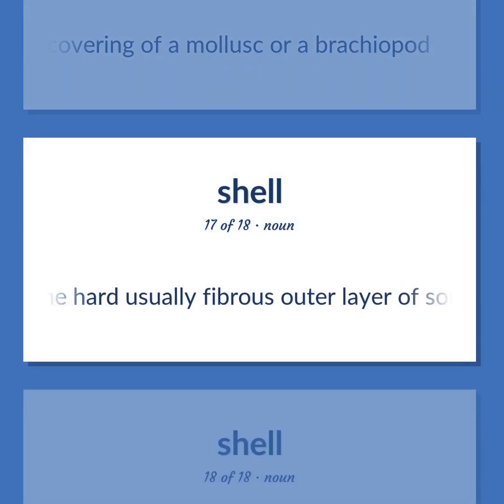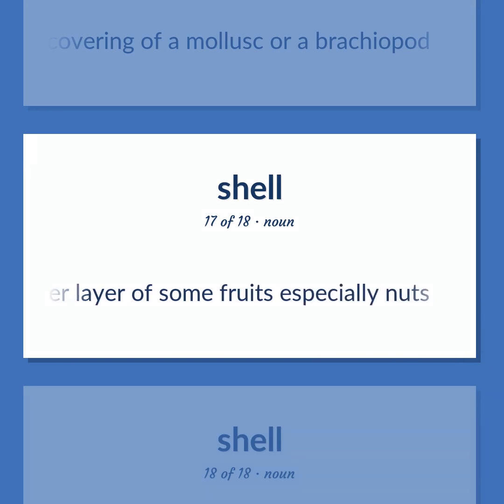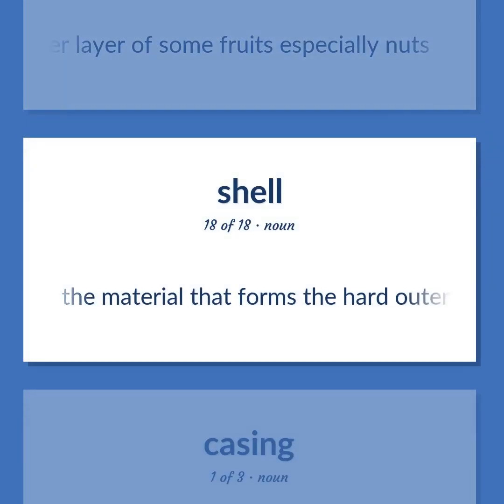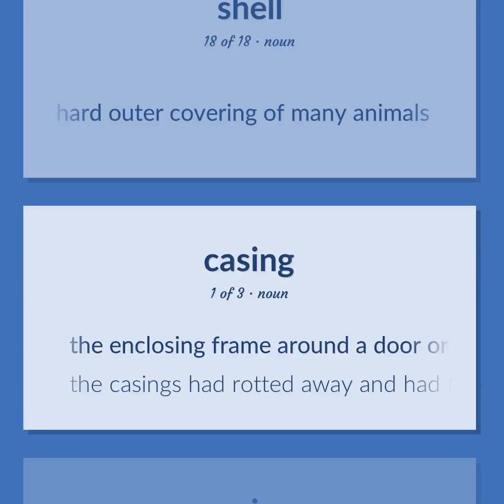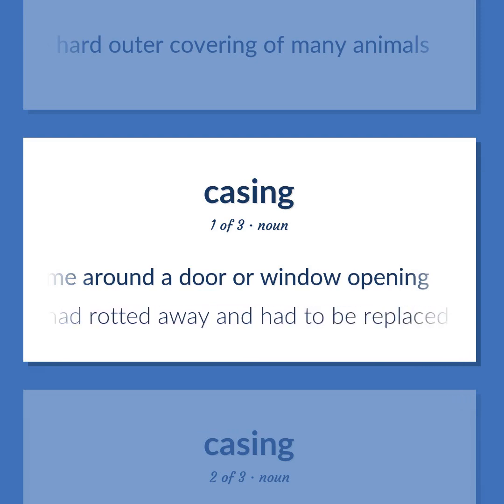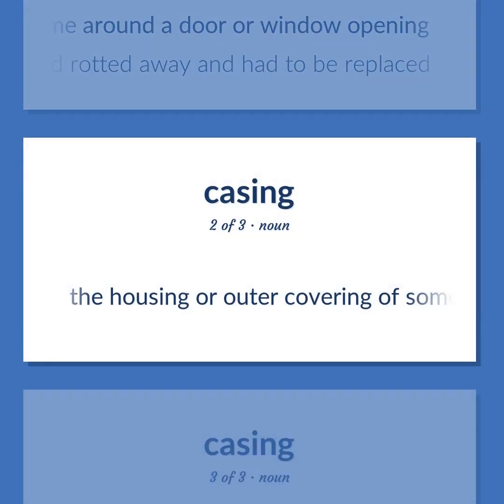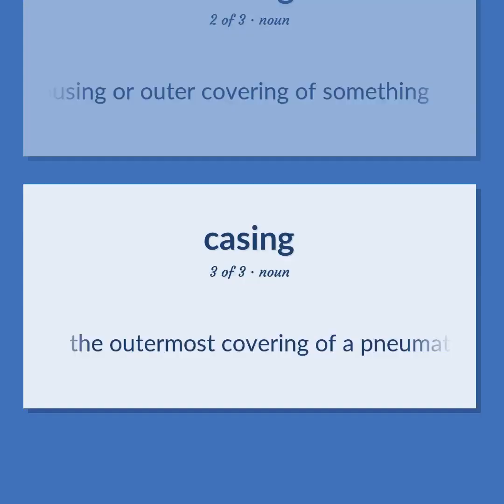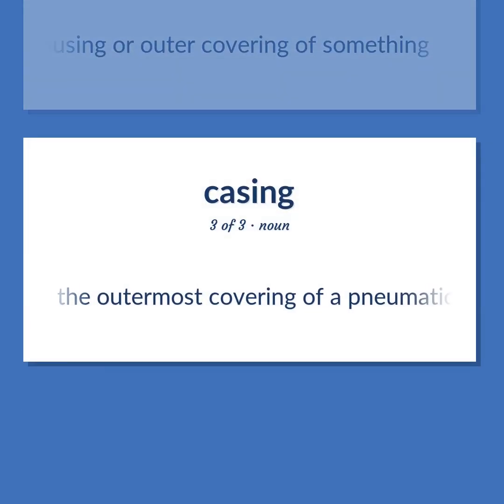The hard, usually fibrous outer layer of some fruits, especially nuts. The material that forms the hard outer covering of many animals. The enclosing frame around a door or window opening. The casings had rotted away and had to be replaced. The housing or outer covering of something. The outermost covering of a pneumatic tire.